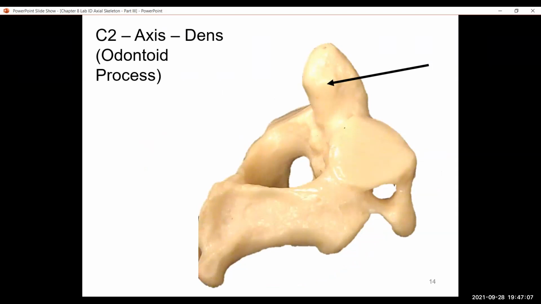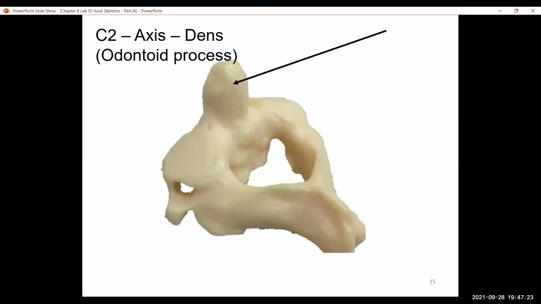So then our second atypical vertebrae in the vertebral spine is C2, also known as the axis. That arrow is specifically pointing to the dens or the odontoid process. That's a process that arises superiorly off of the vertebral body. Here you can see it from this angle here.